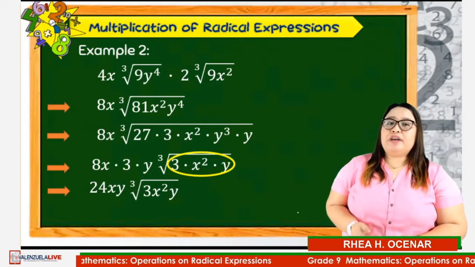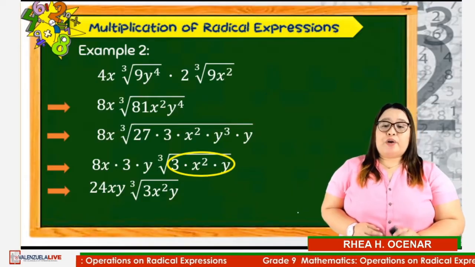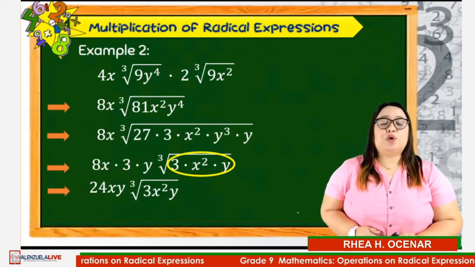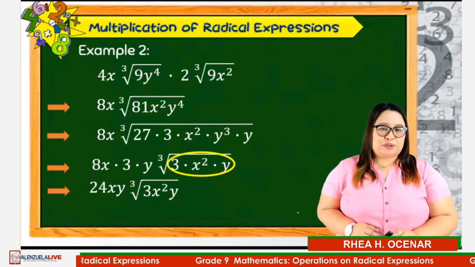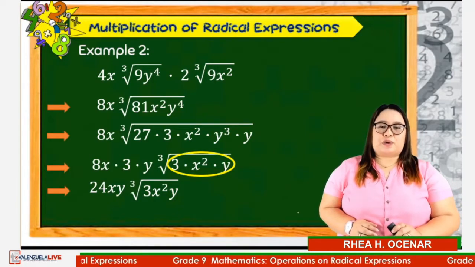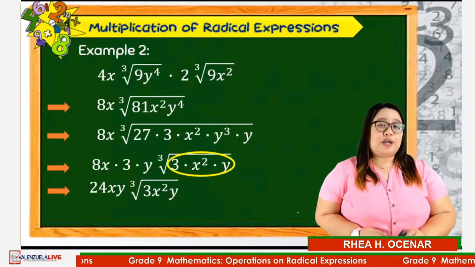Therefore, the product of 4x cube root of 9y raised to 4 times 2 cube root of 9x squared is equal to 24xy cube root of 3x squared y.